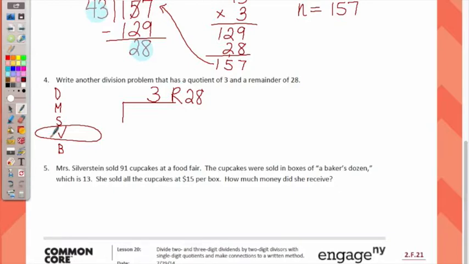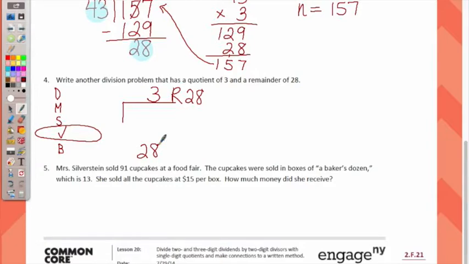That's what we're checking, right? Okay, so what's the only rule for a divisor here? If I already know my remainder is going to be 28, my divisor has to be what? Larger or smaller than 28? Larger.